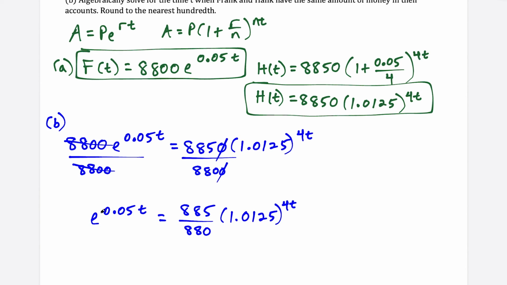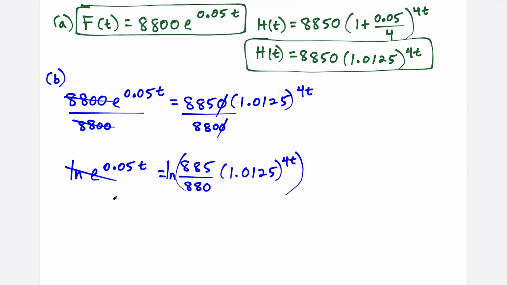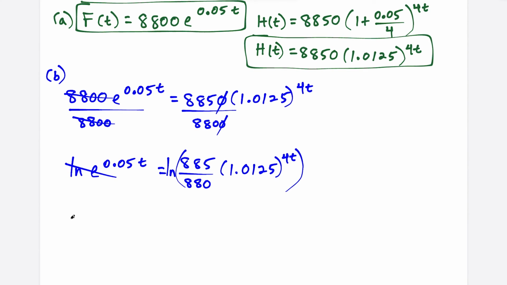From this step, I'm going to take the natural log of both sides, the left and the right side. Just know that natural log and e are opposites, so these terms are going to cancel. This brings us to the next line where we have 0.05 times t equal to this whole mess. But one thing I want to point out is that it's 885 over 880 times this expression.